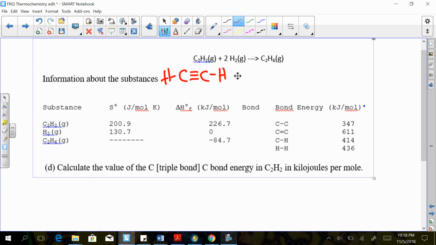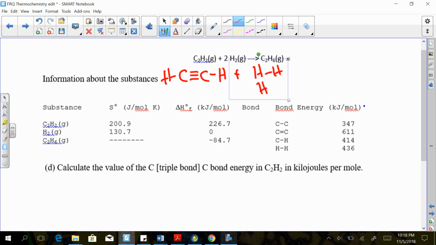And then that reacts with 2 hydrogens. So I'll draw 2 molecules of hydrogen. And when they react, you get 1 molecule of ethane.